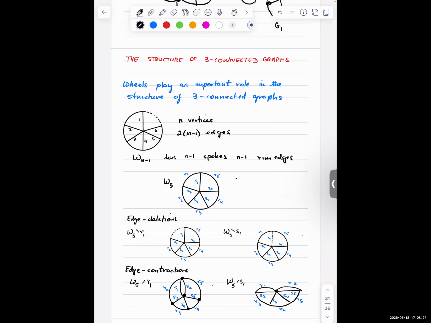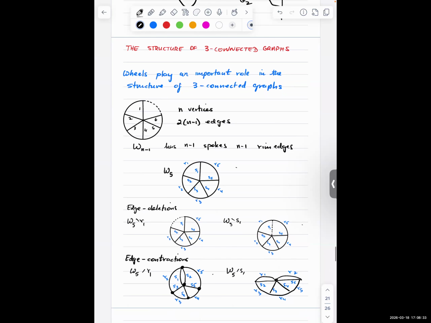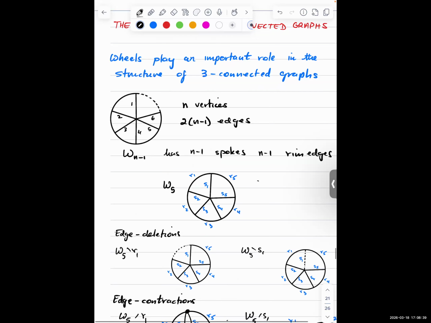So the structure of three connected graphs. We've got all our theorems in place, and wheels play an important role in three connected graphs. The first thing to notice is the terminology: if G has n vertices, then it's customary to put n as a subscript, but following matroid terminology, we're going to put n minus 1 because the number of spokes is n minus 1.